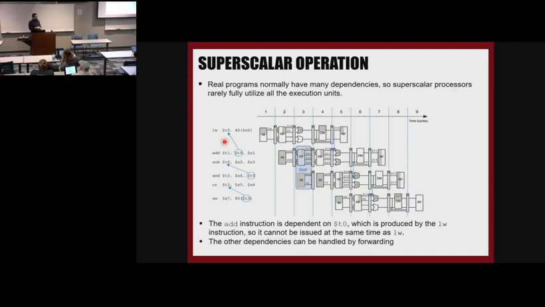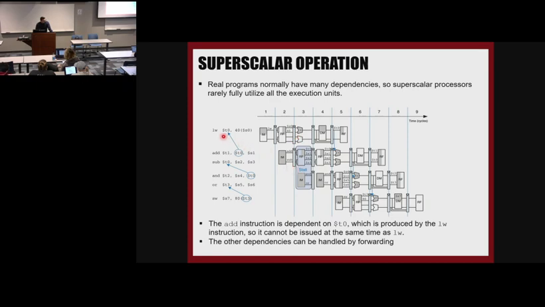Because we have this limitation, if I want to run the load word in this cycle, first of all, I can't run add at the same time. That's obvious, that we already know. We can't run add at the same time because of the dependency. But we can't run add in the next clock cycle either, because of this load word and ALU dependency that we have. And that's when we have to stall the pipeline. This is where we stall the pipeline.